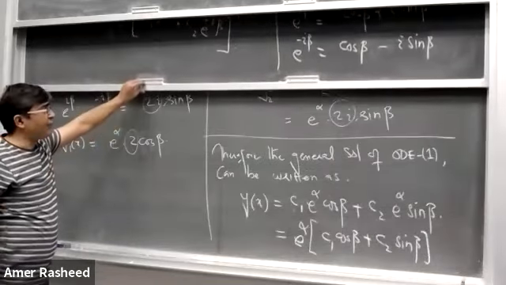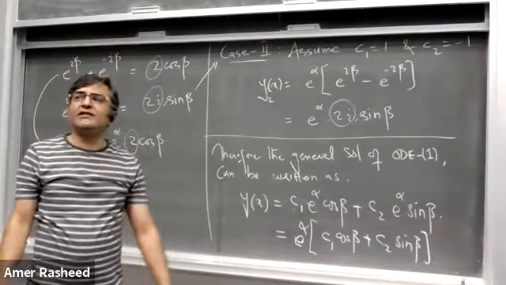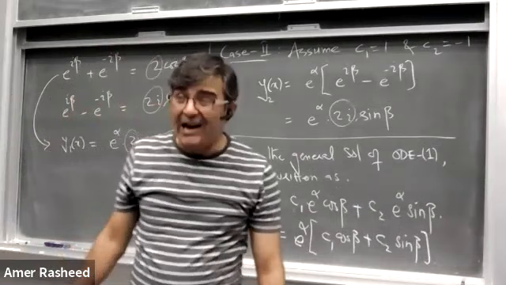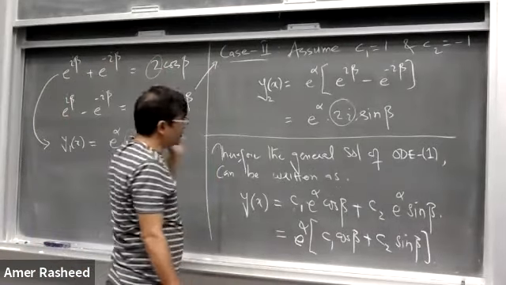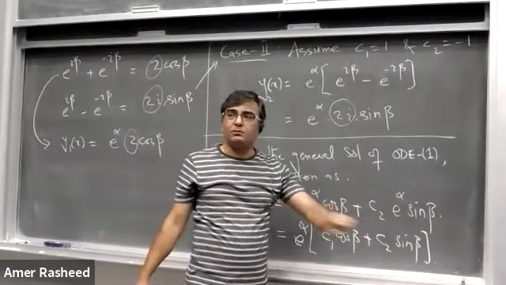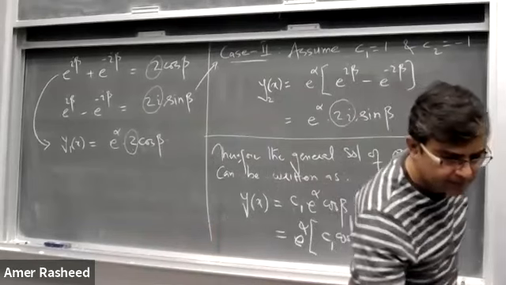Whenever we have complex conjugate roots of a second order differential equation, or of a higher order differential equation as well, we write the general solution in this form. I hope you get it. If you have any question, you can ask me.